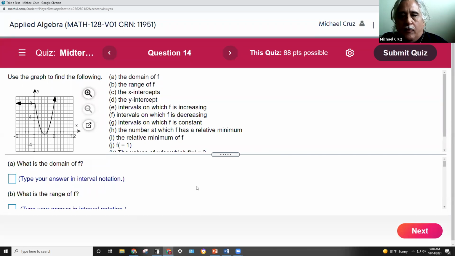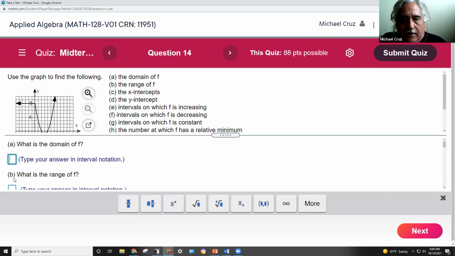All right, domain and range, let's see. This is essentially a function. Notice that generally when you have a function, you're going to have no limitation on the domain. See, that thing is going all the way to the left, so that's negative infinity to infinity.